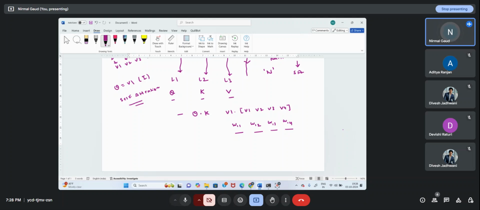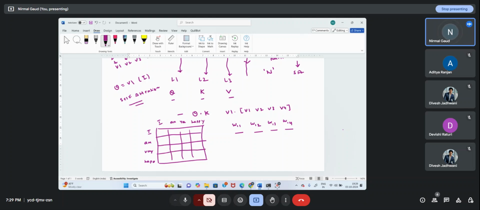If you make a representation like a matrix format, we can say I am very happy. So what you calculated now?